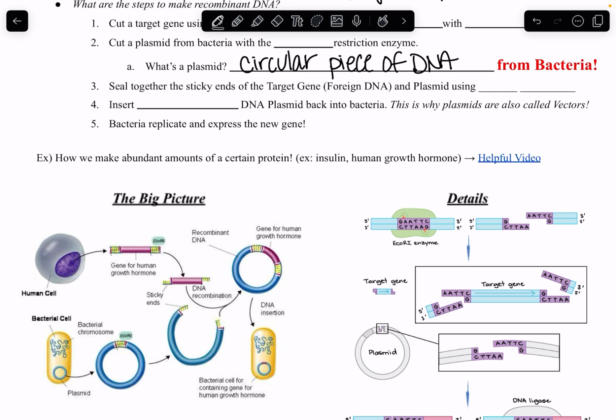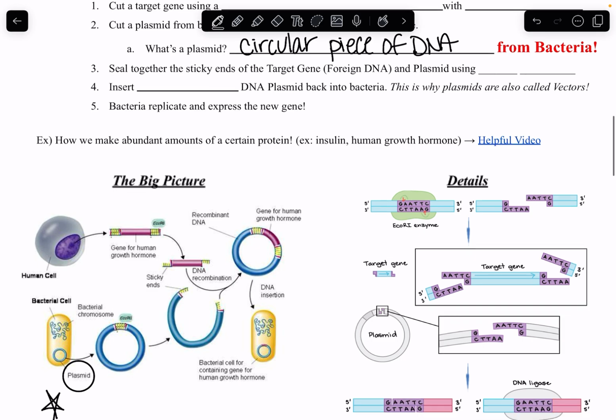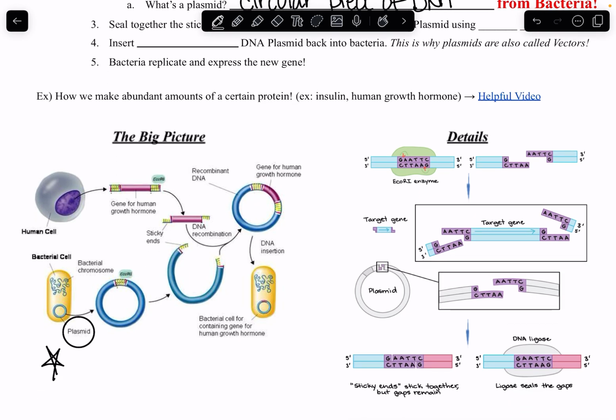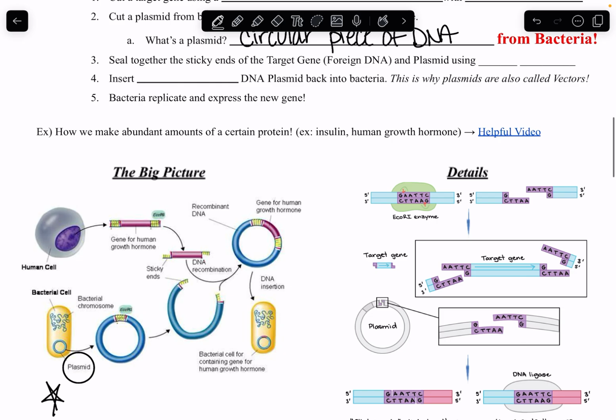Here is what a plasmid looks like, down here at the bottom. It is not the bacterial chromosome DNA, but just a smaller circular DNA that is found in bacteria. What we can do is cut into it, put something new inside it, and then allow it to grow and repopulate and have more of that recombinant DNA.